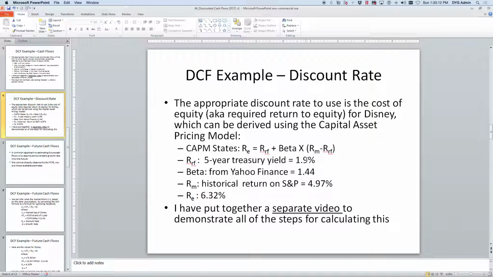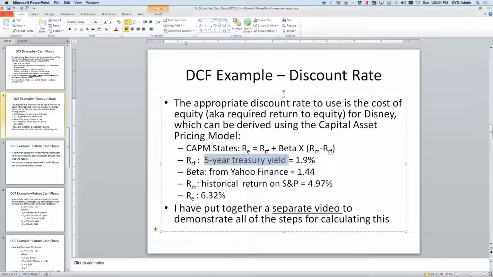But no two investors are expecting to hold it for the same length of time, and some of them don't even know how long. But if you think in terms of some will hold it for very short periods of time, some for very long periods of time, the 5-year Treasury yield is a good proxy for that. And again, in the video, I show you where you can get the Treasury yield. At the time of this video, for the 5-year, it was 1.9%.